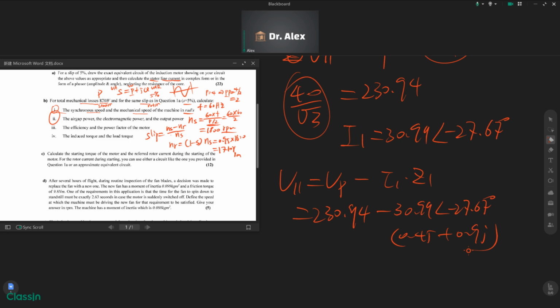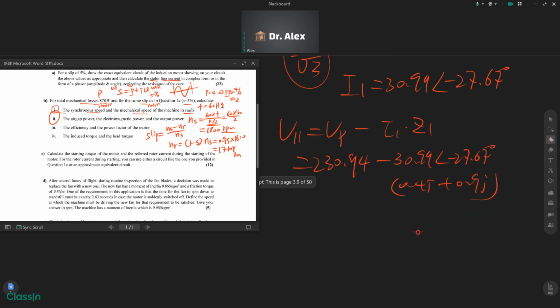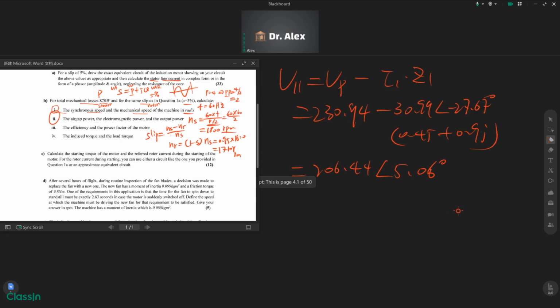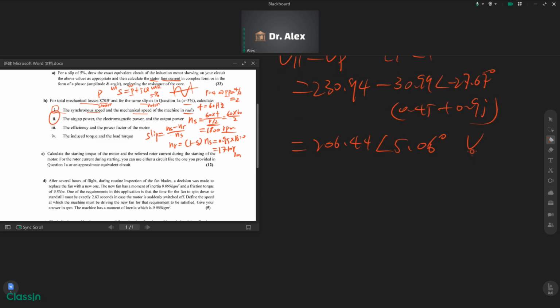The calculation is boring and difficult, so I don't do it here. I believe you can finish the calculation in your spare time. I just write the final result here, which is 201.44, and the angle is 5.06 degrees. The unit is volts.